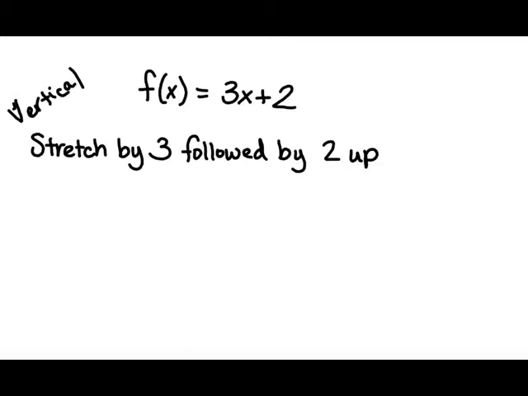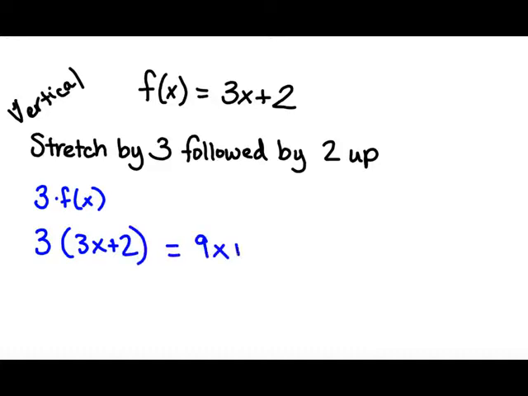Okay, so we start with the problem and we say here's our function. We want to stretch by a factor of 3. So that means we take 3 times our function. So that's 3 times 3x plus 2, which is equivalent to 9x plus 6 when we distribute. There's my new function.